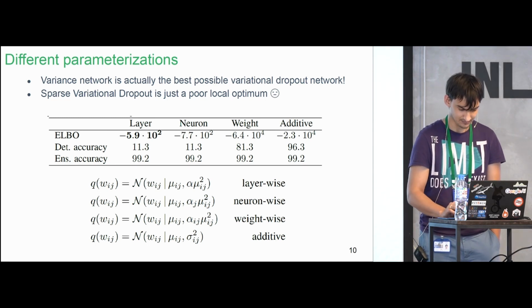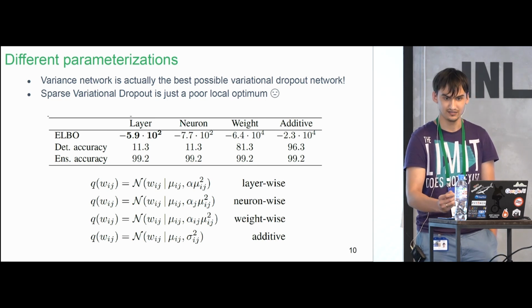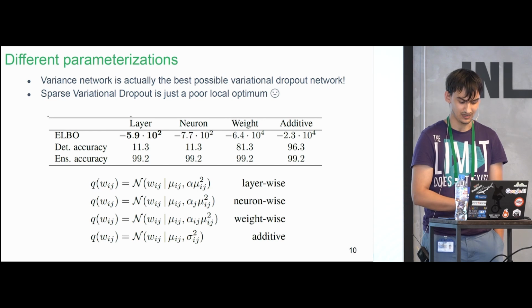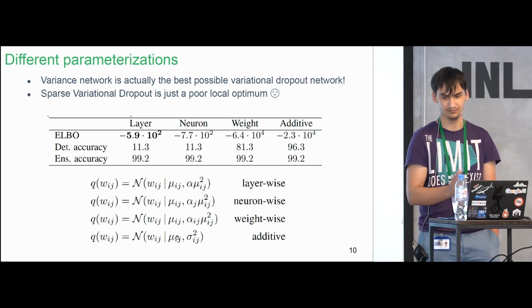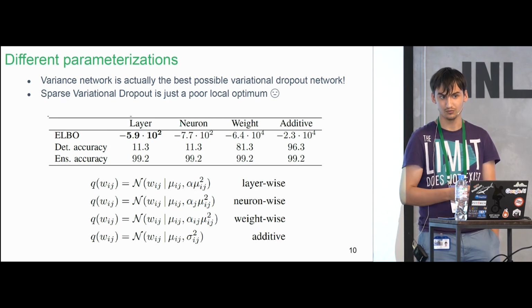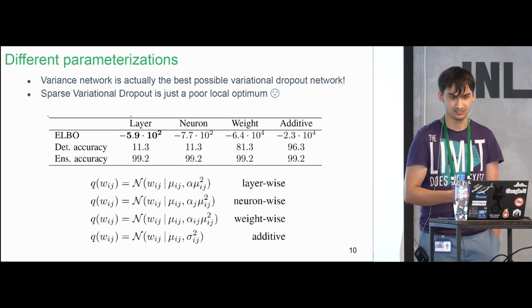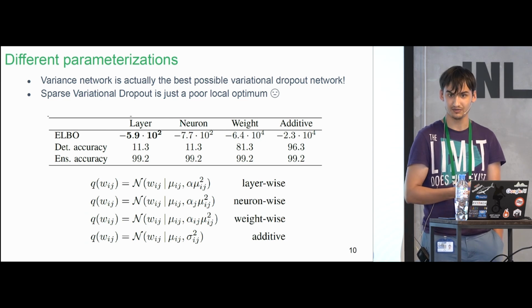The main intuition for why this is the case is that if you have a lot of different parameters, like here, where both the mean and the variance are trainable, we introduce a whole bunch of local optima, which are suboptimal in terms of ELBO. So when you try to learn the sparse variational dropout model, you actually get stuck in these local optima, these suboptimal solutions.